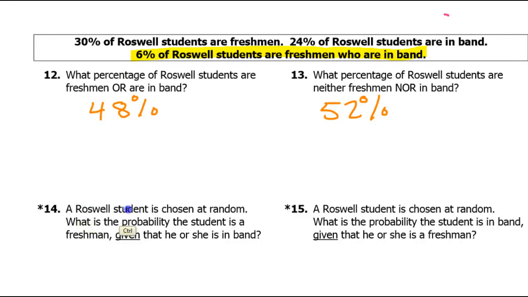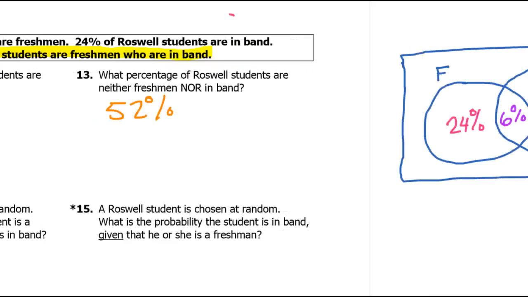At Roswell, a Roswell student is chosen at random. What is the probability that the student is a freshman given that he or she is in band? I love these given problems because as soon as they say given, the universe shrinks. And I love to shrink the universe.